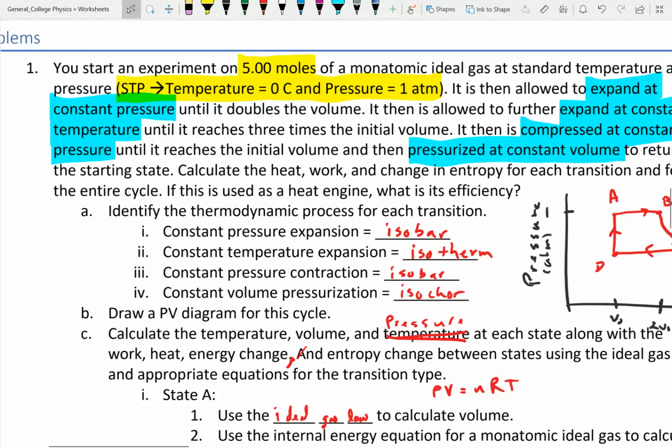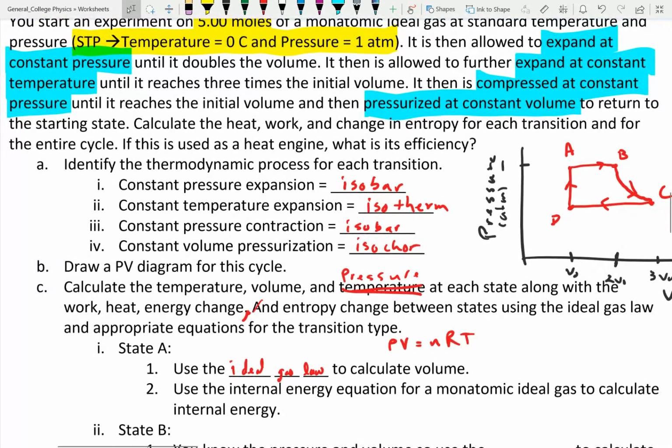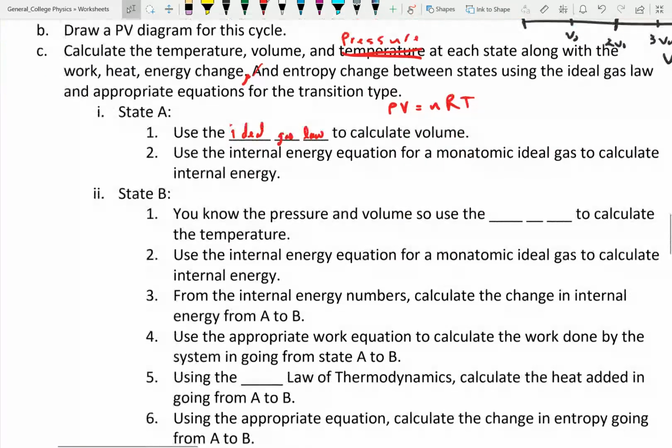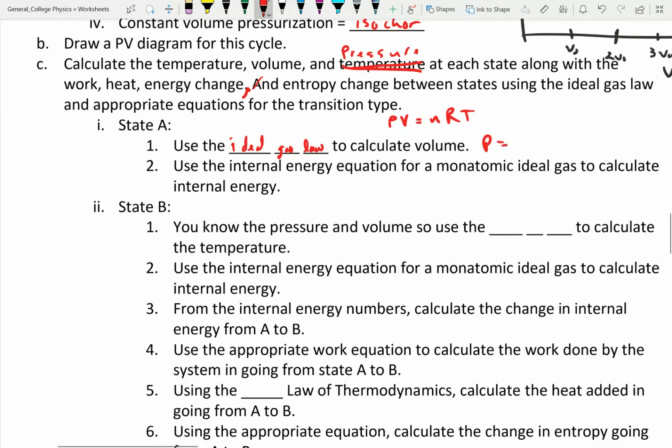Pressure in atmospheres. I could, and this would be the wise choice, use pressure equals 1 atmosphere equals 101,325 pascals. If I do that, all of my units are going to work out just as easy as pi. I recommend you do that.